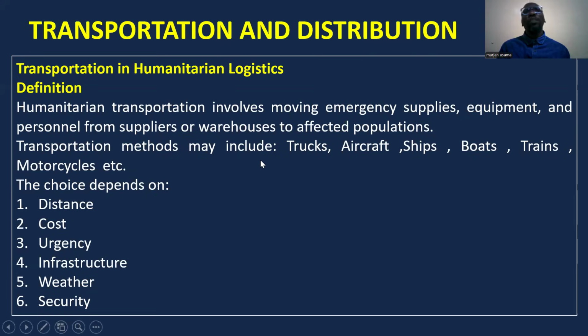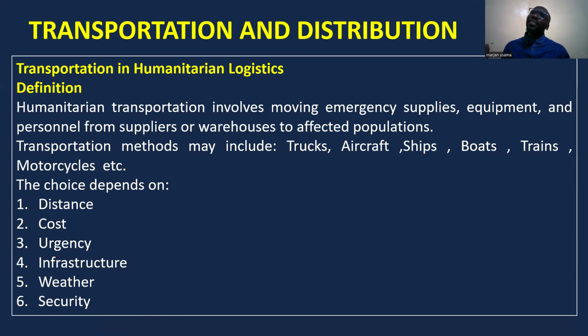So transportation methods may include trucks, these are the big trucks, the lorries, aircrafts, ships, boats, trains, motorcycles, et cetera. So the choice depends on what? The choice of means depends on the distance.